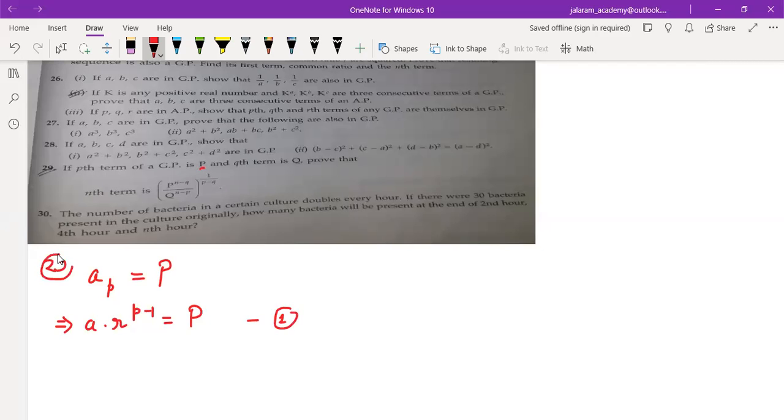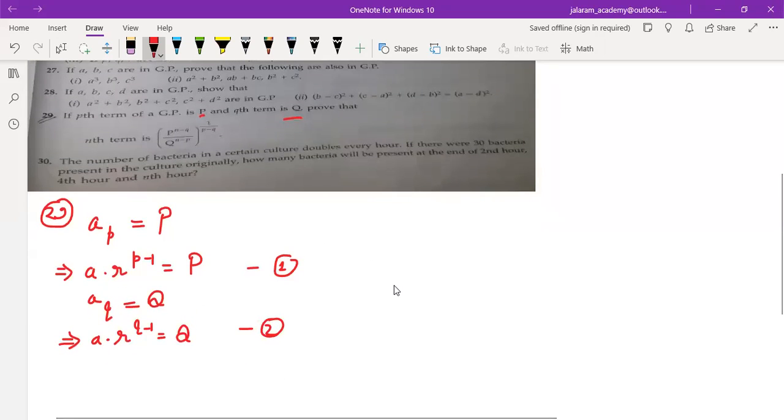The qth term is capital Q, denoted by a_q equals capital Q. It implies a into R to the power q minus 1 equals capital Q.